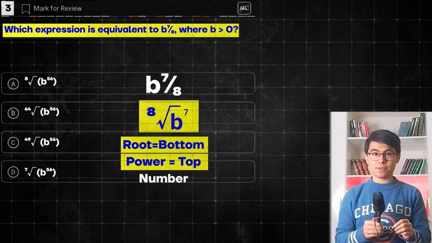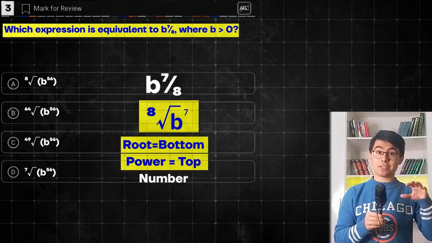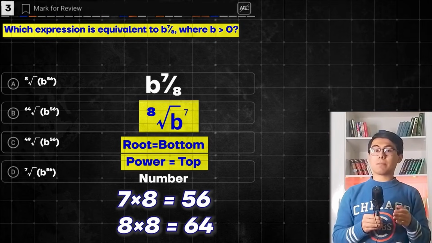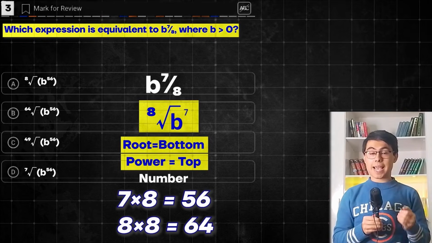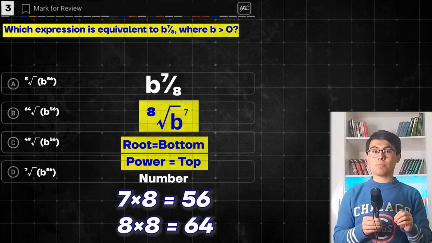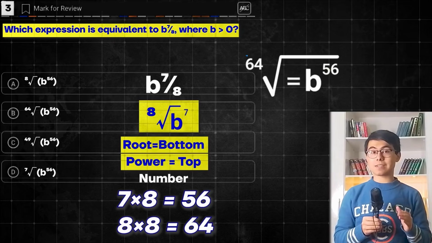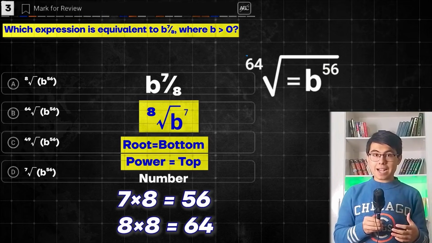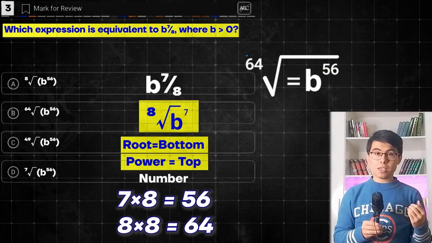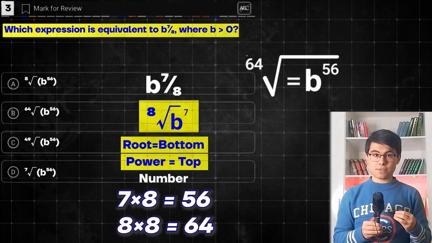But what if we multiply both the top and the bottom by 8? 7 multiplied by 8 equals 56. 8 multiplied by 8 equals 64. So now it becomes b to the power of 56/64, which is exactly the same as the 64th root of b to the power of 56.